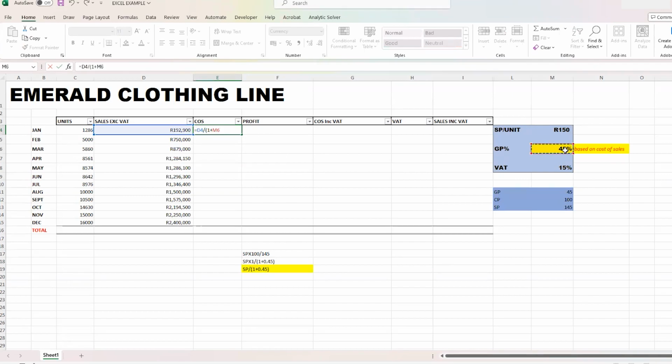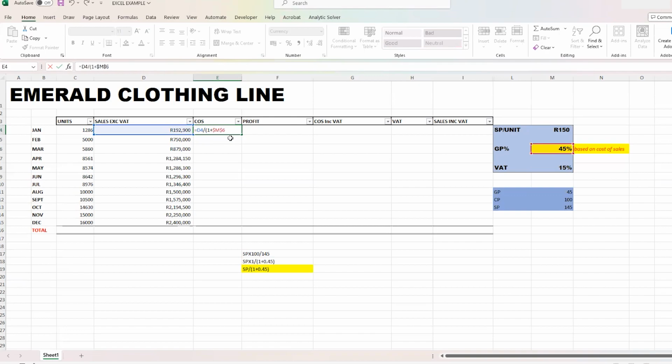But now remember, I do not want this gross profit percentage to change. I'm using the perpetual inventory system, and the markup of the gross profit percentage is fixed. Because it's fixed, I don't want it to change. Remember, when I copy it down, I don't want it to change. So I'm going to apply the $ sign in front of the M and the 6, just like I did when I was calculating the sales figure.